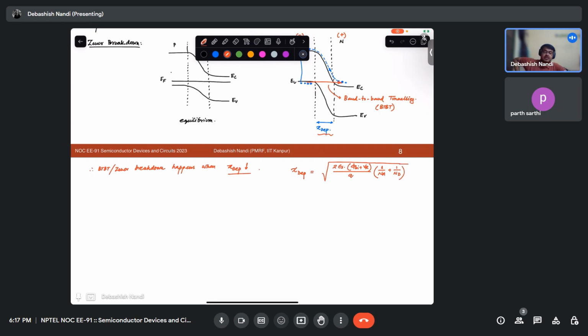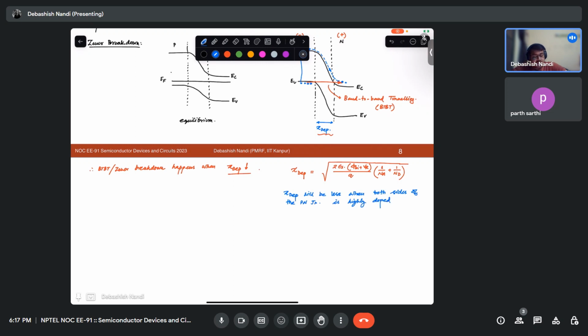Now note that equation and tell me from this equation when X depletion will be lesser. It will be less when doping is more on both sides of your P-N junction, that is, highly doped.